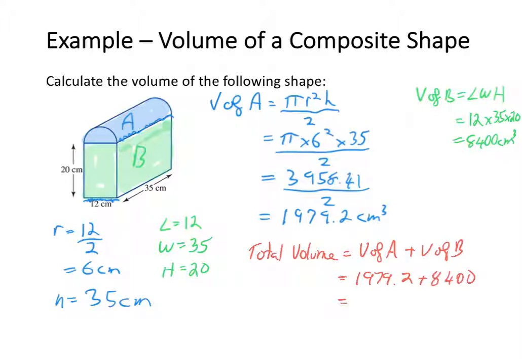So the total volume of my composite shape is going to equal 10,379.2 centimeters cubed. So by breaking the shape into smaller individual parts and calculating their volumes, I can find the total volume of the shape to be 10,379.2 centimeters cubed. So let's have a look at a second example.